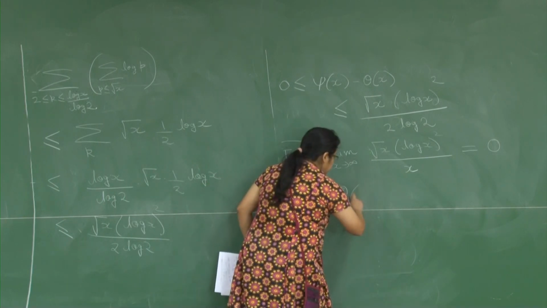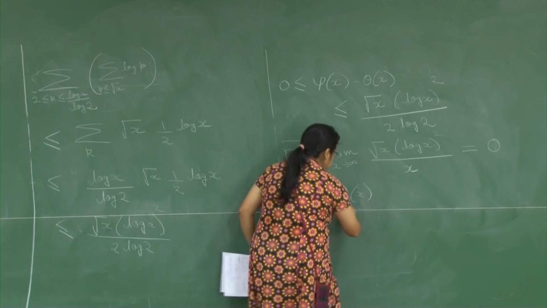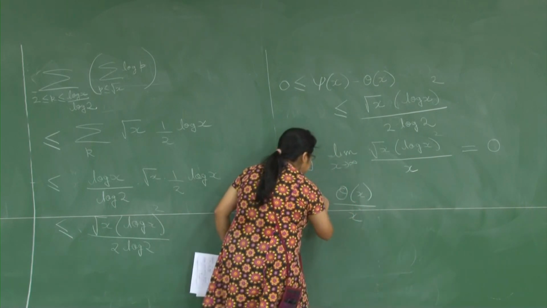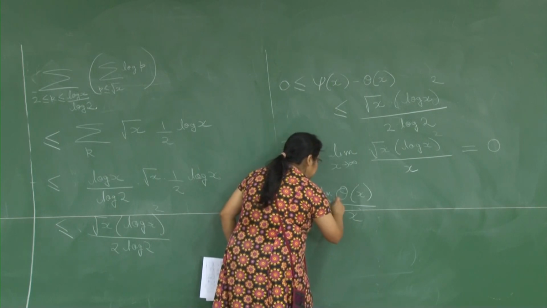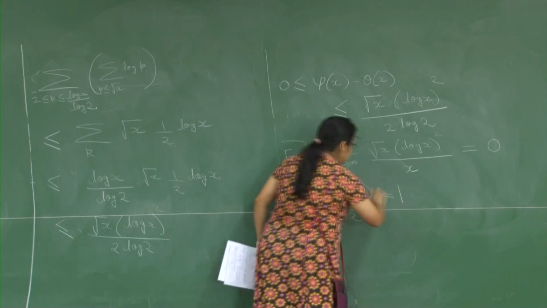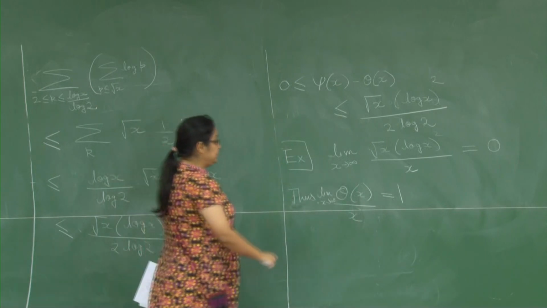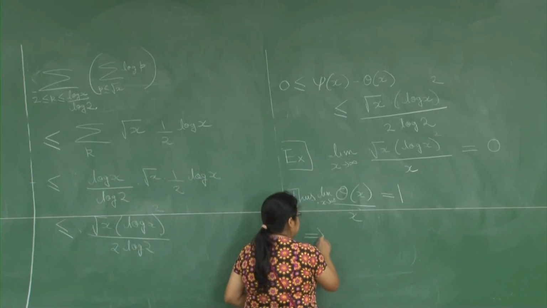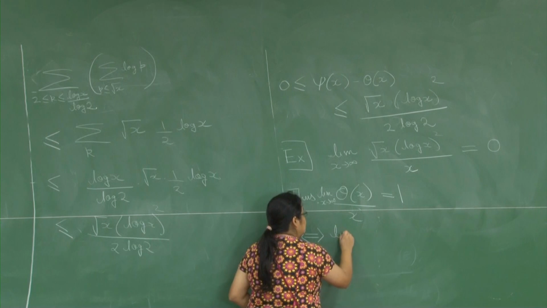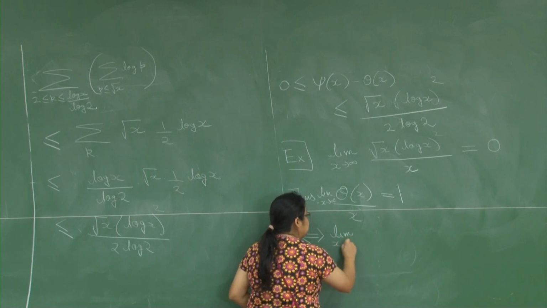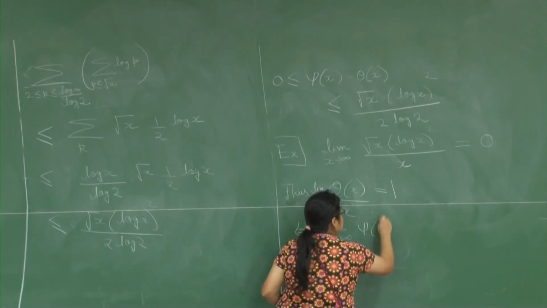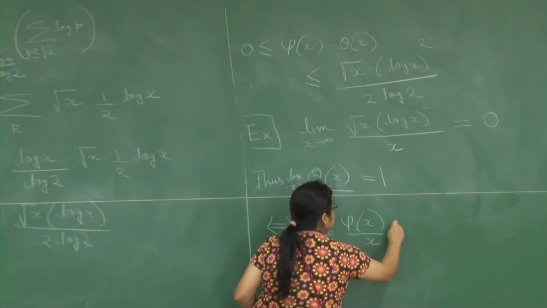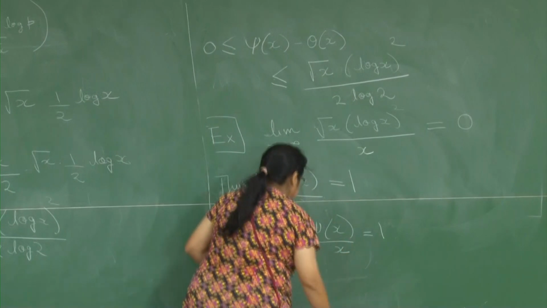to say that limit x going to infinity theta of x over x is equal to 1 is equivalent to saying that limit of psi of x over x is equal to 1.